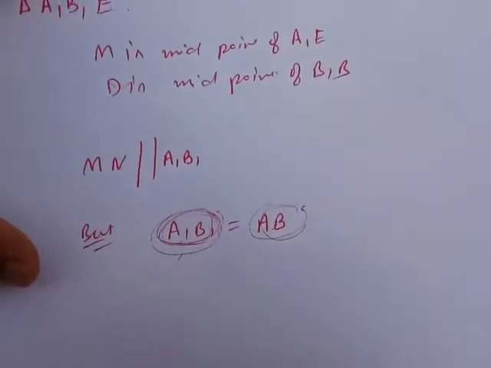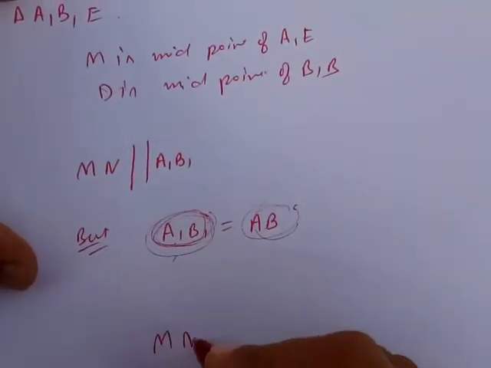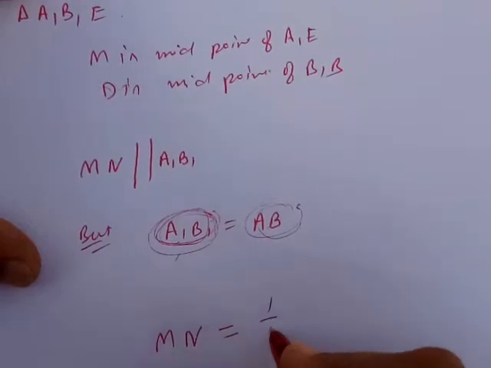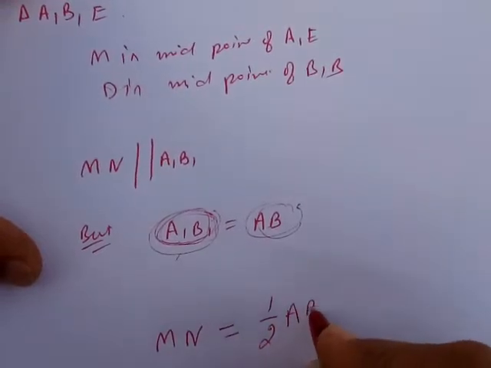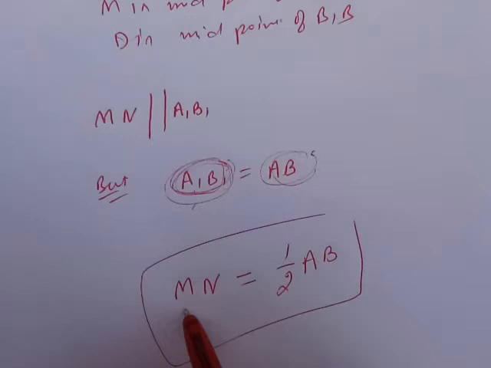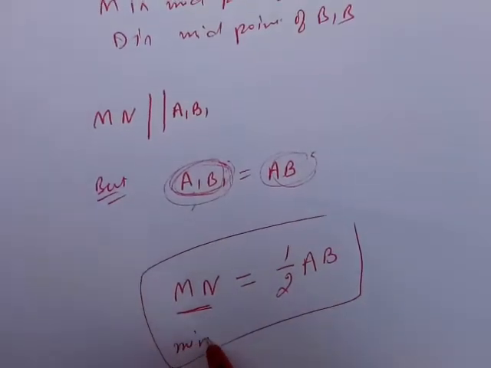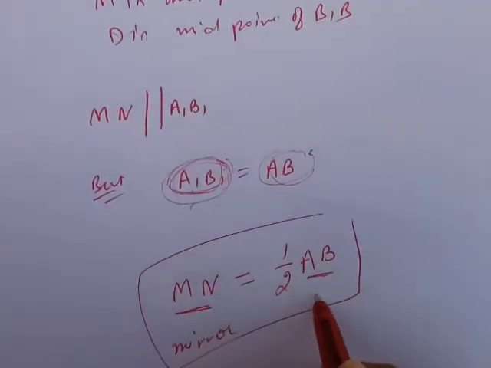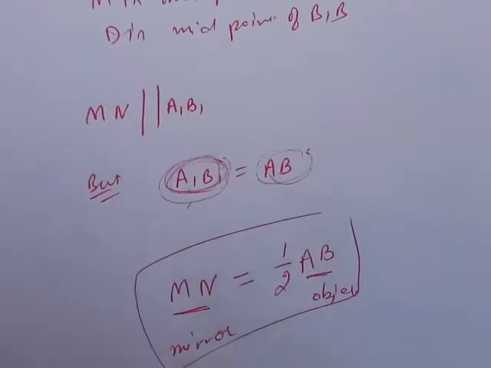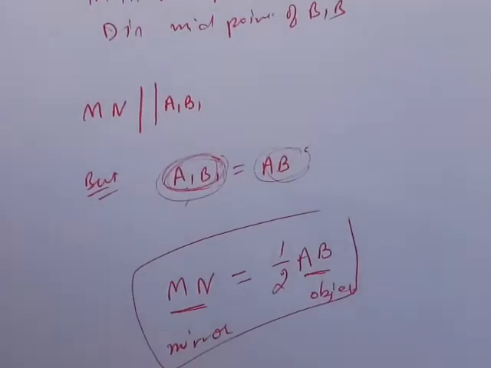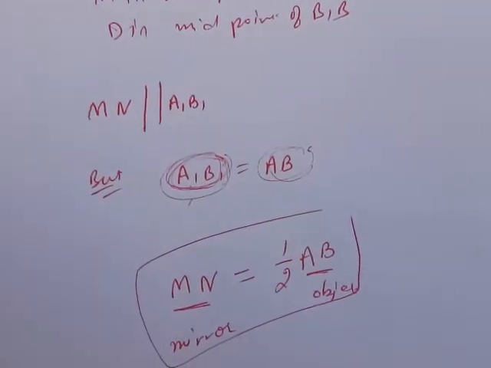Therefore, according to the midpoint theorem, MN is equal to half of AB. Now MN is the mirror and AB is the object. It means in order to see the full length of a person, we require a plane mirror which is half his own height.